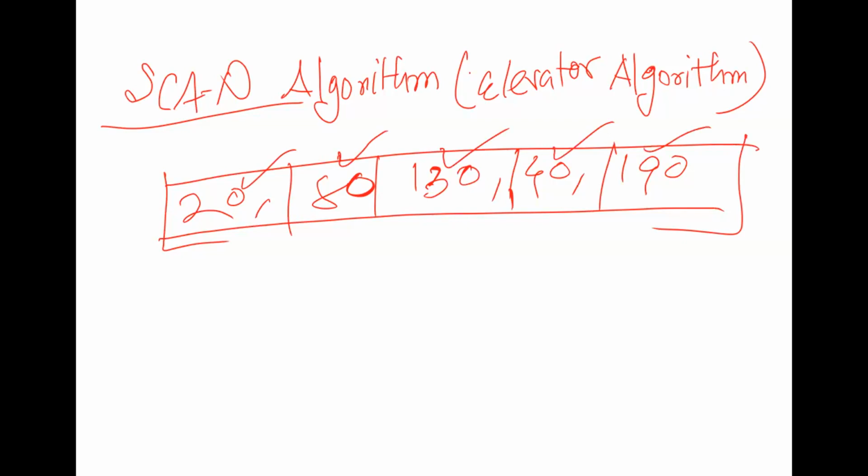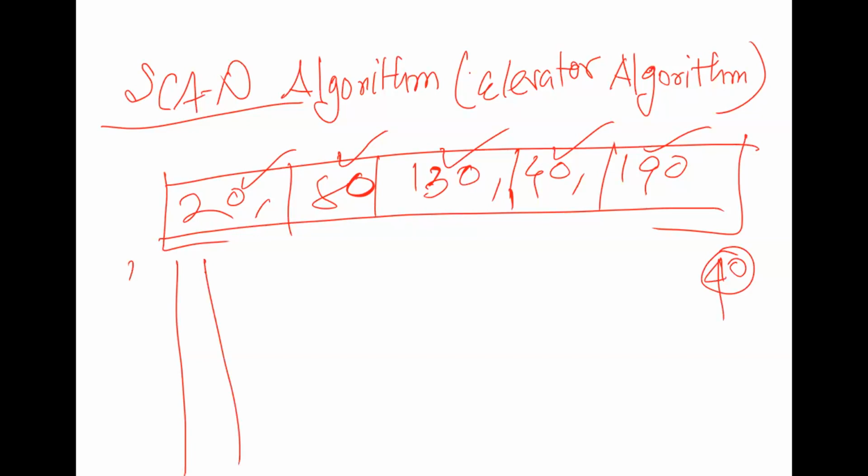Okay, then let's see how the scan algorithm works. You need to draw a line for each of these, and also let's say initially your read-write head is at track number 10. So you need to draw all of these things. At first, let's say track number 40, it is good for understanding.